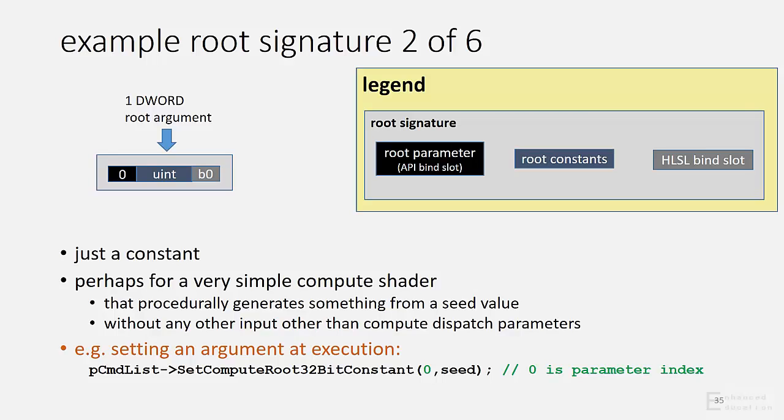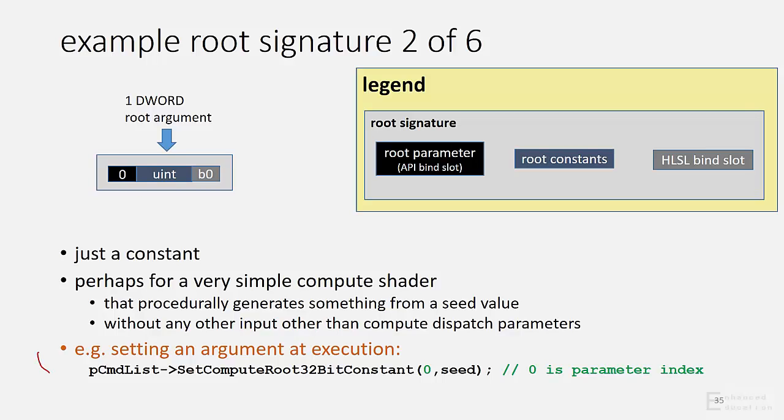For example, the HLSL bind slot, where the shader will see the root parameter show up, as well as the API bind slot, where the root argument for this parameter can be bound at command list record time. The numbering of the API bind slots is implicit based on the order of the parameters in the root signature. So the first parameter is always API bind slot 0.